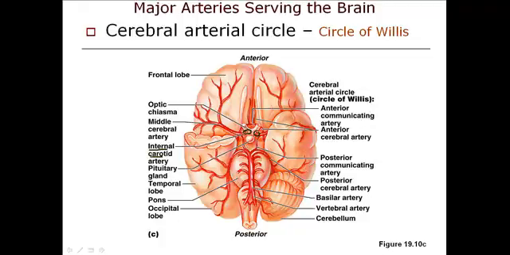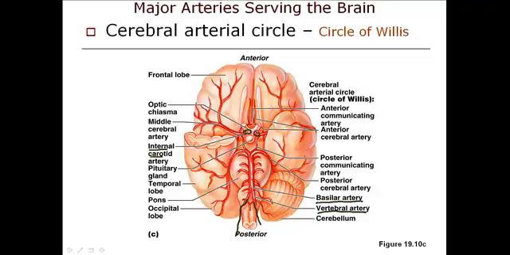And it's going to anastomose with the two, remember those vertebral arteries coming up the transverse foramen on the cervical vertebrae? Well, here we meet them again. So now they're going to supply, here's the medulla, right? So these are going to join, the left and right vertebral arteries will join to form the basilar artery.